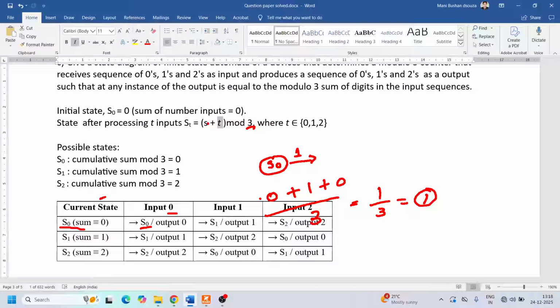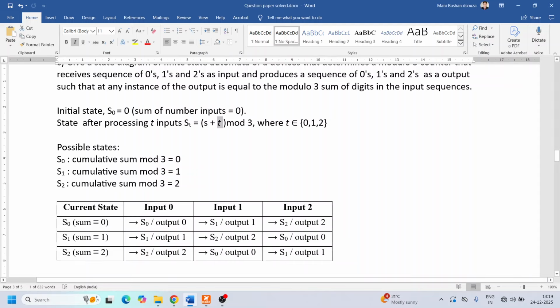That means you are in the S1 state. So you transition from S0 to S1 if the input is 1, and that is what is being shown over here.